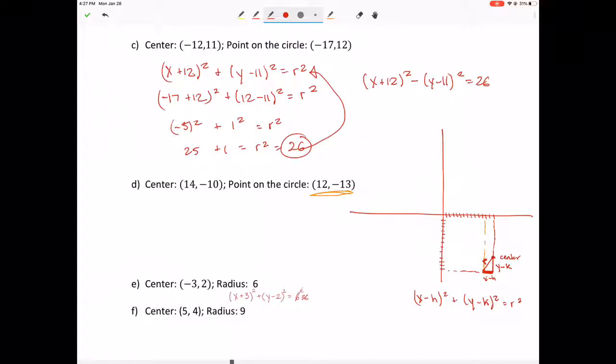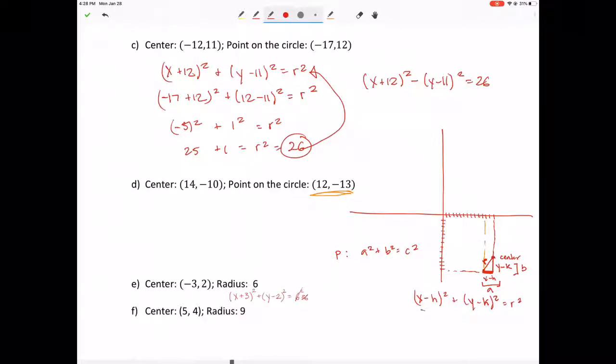All right? And if you have those lengths, and we want to find out the length of the radius, do you remember the Pythagorean Theorem? It is a squared plus b squared equals c squared. This x minus h could be our a, y minus k could be our b, and our radius could be c.